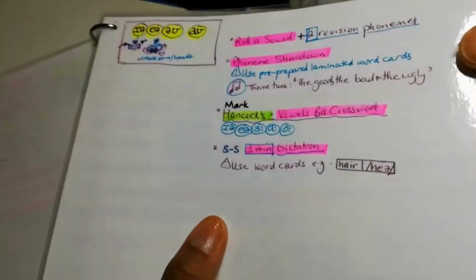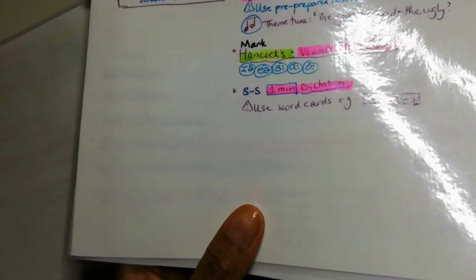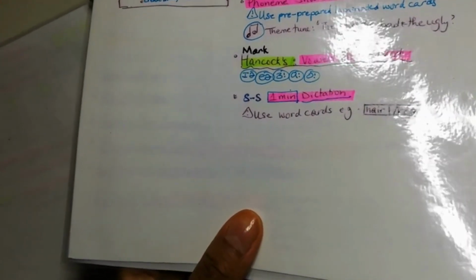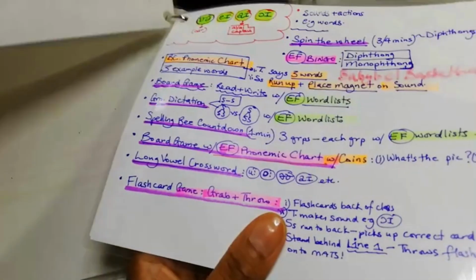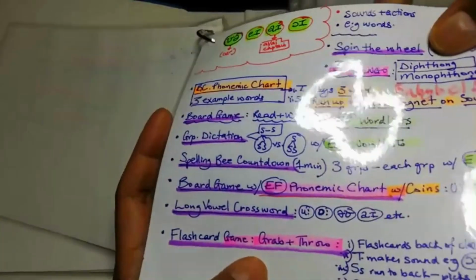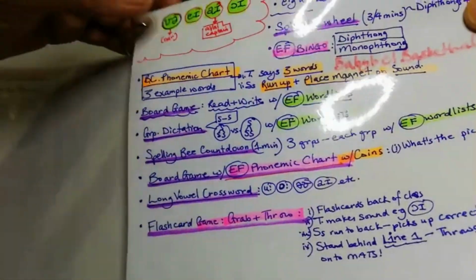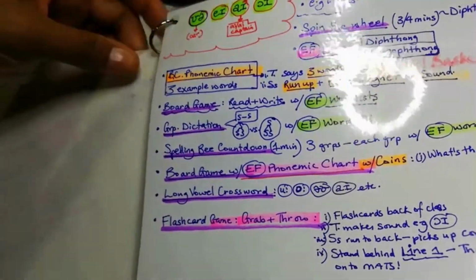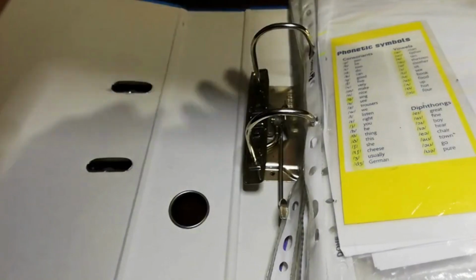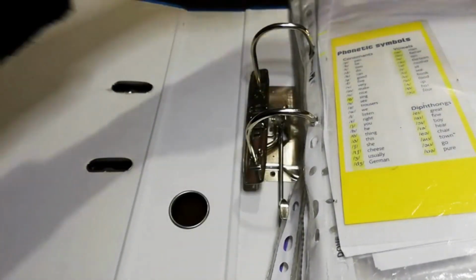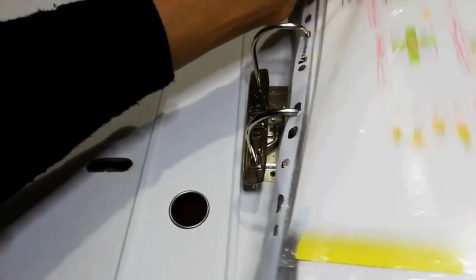This one has roller sound, phoneme showdown. I was telling you about the phoneme showdown earlier. Mark Hancock's vowels before crosswords, more dictation exercises, etc. So that's a good idea. Just have some of your favorite phoneme or pronunciation activities at hand. Okay, right, that's something I like to do.